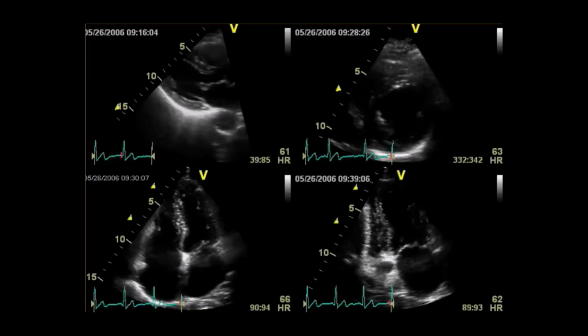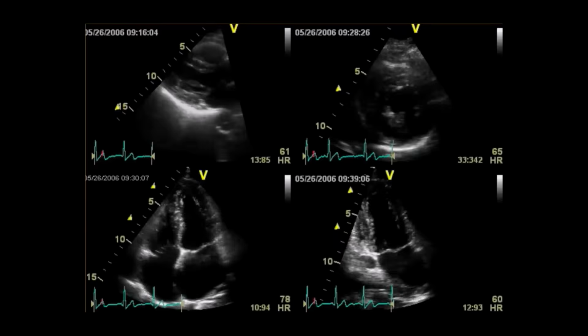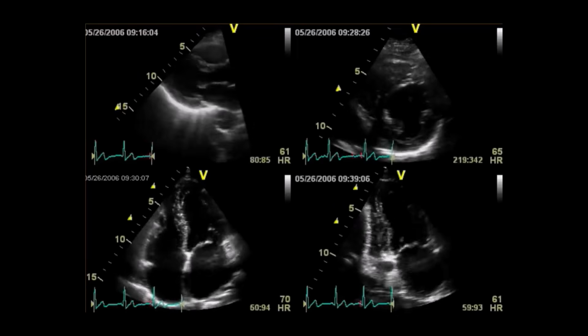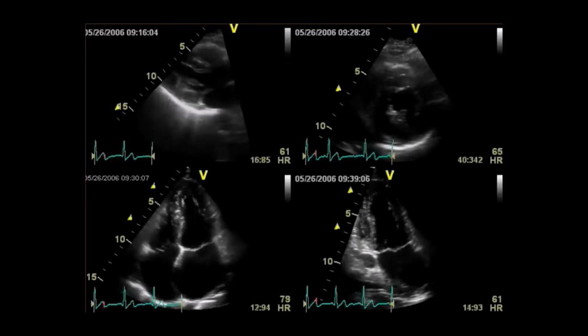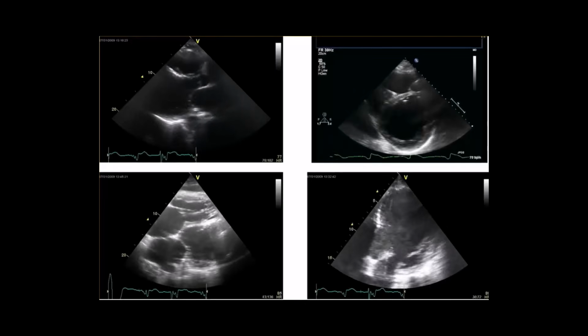So this indicates a good LV systolic function. And also if you look at the EPSS and the MAPSE, you'll find that they are normal. If you apply the same on this example, you can see that there is poor thickening of the LV walls, little inward movement, and minimal cavity reduction with very poor EPSS. And there is poor MAPSE as well, so that indicates severe LV dysfunction.